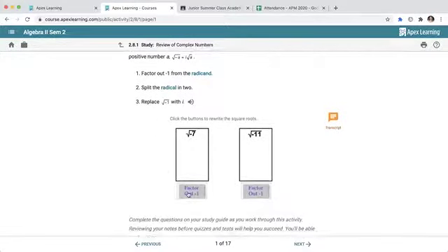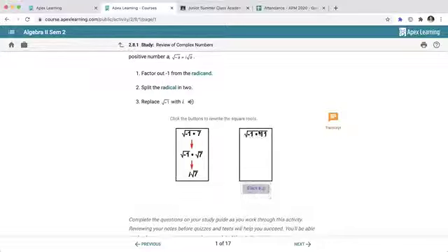So first, factor out the -1. You've got -1 times 7, and as we know, we can split these into 2 as long as we keep multiplying them. Now we can simplify the square root of -1 to i. So we've got i times the square root of 7, or we get rid of that multiplication symbol and we're left with i square root of 7.